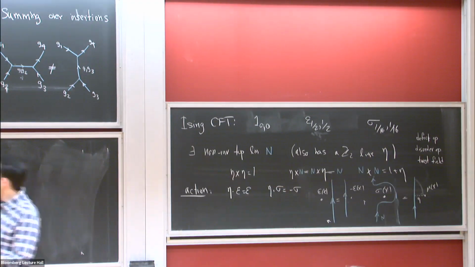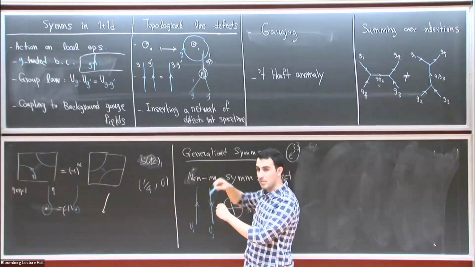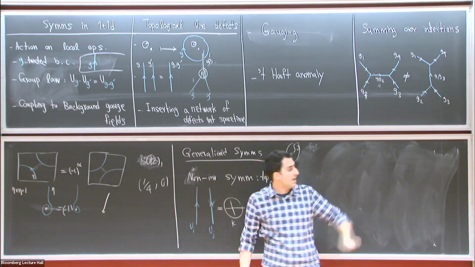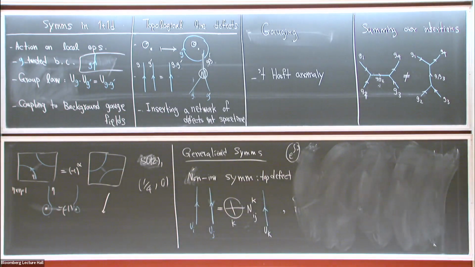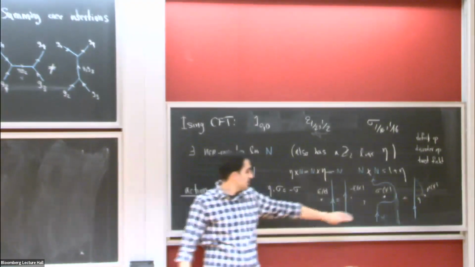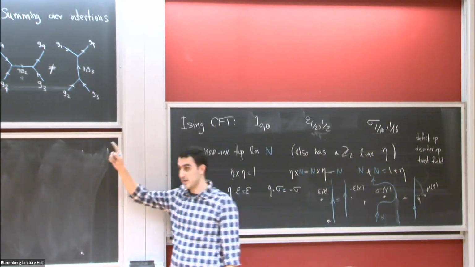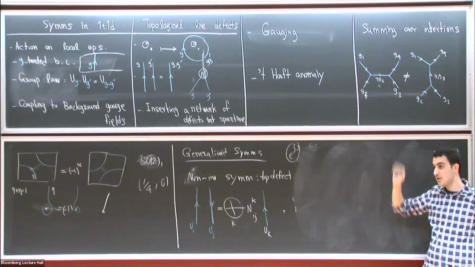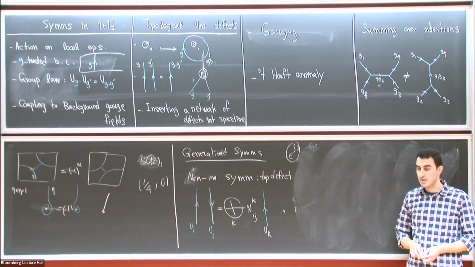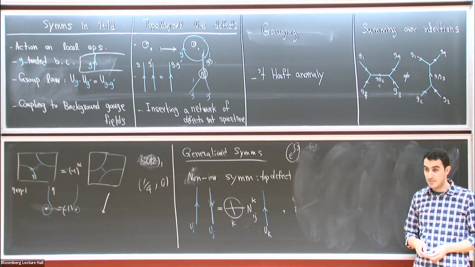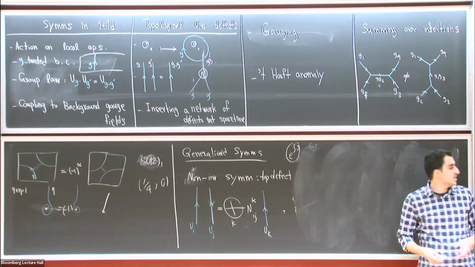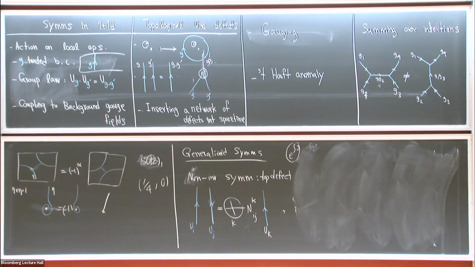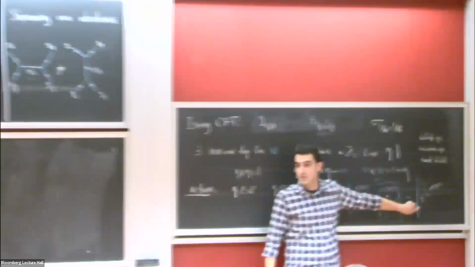I have one action defined by wrapping a local operator with a line, and I have this other action where I just don't close the line. And yes, this contains more information than that data. That data projects some states to zero, so it doesn't have all the information. What happens if you take the N line around the sigma? It's just zero, because there is nothing in the untwisted sector. You only have something non-zero in the twisted sector.